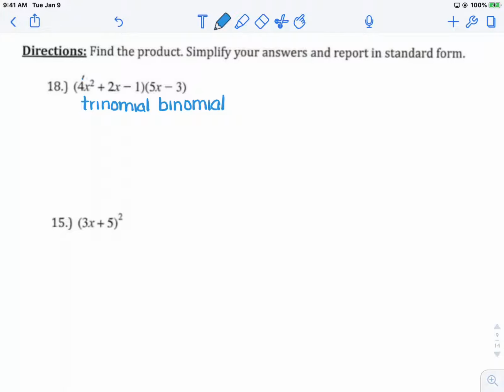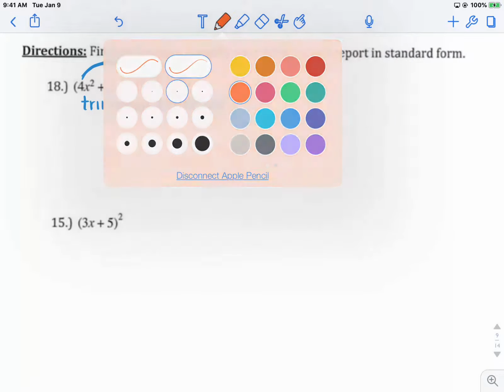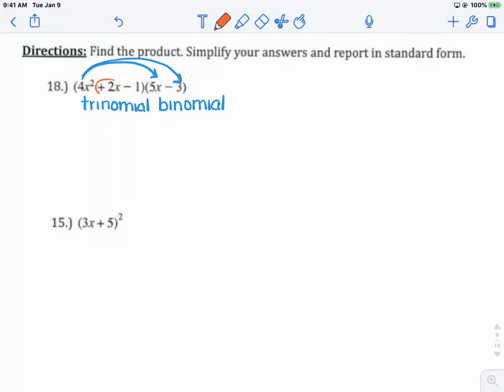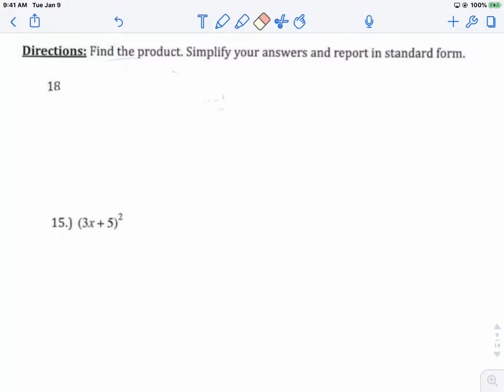So I've got this first distributor that's got to distribute over both terms. Then I've got this second distributor that's going to have to distribute over both terms. And then, this is where it got fun, we've got that third negative 1 distributor that's got to distribute all over.